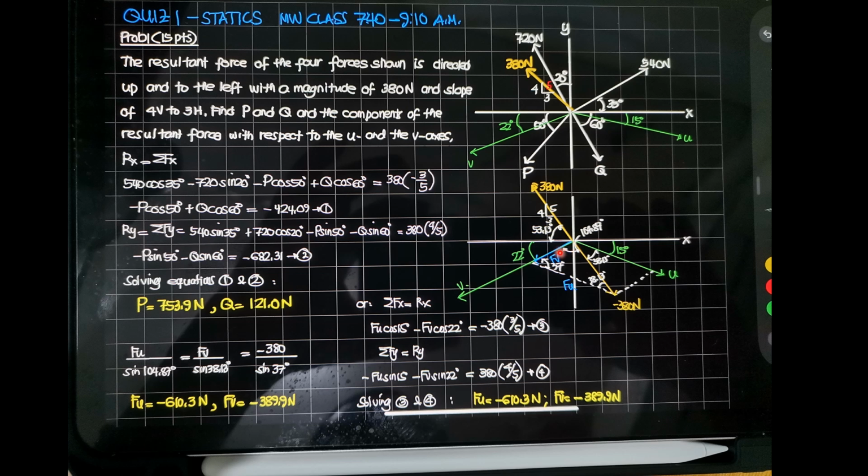Again, the measure of this angle is equal to 68 degrees. The v-axis makes 68 degrees with the vertical axis because it is 90 minus 22. Then add it to 36.87.